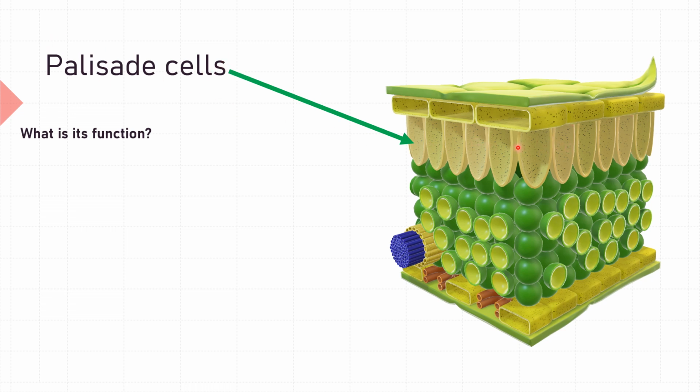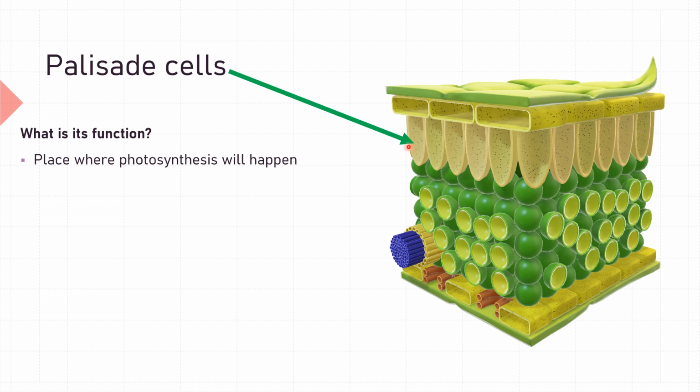But why are they so important? If you notice these dots here, these dots represent a cell organelle which, if it has a green color because of the chlorophyll pigment, is called chloroplast. If it has a lot of chloroplast, like you can see, it means this is the part of the leaf where photosynthesis will happen.